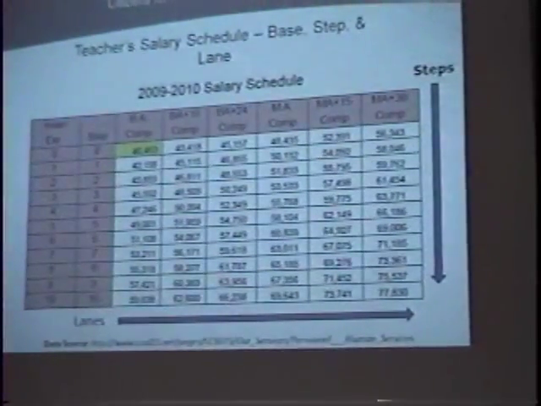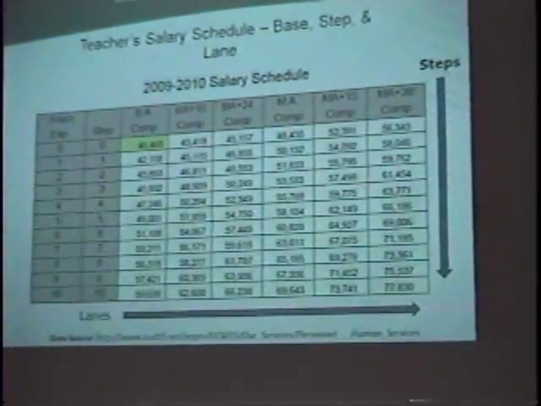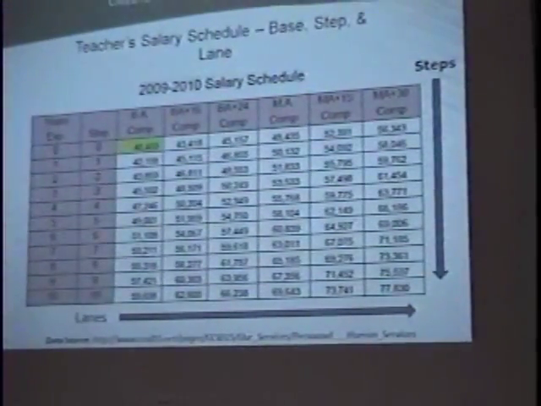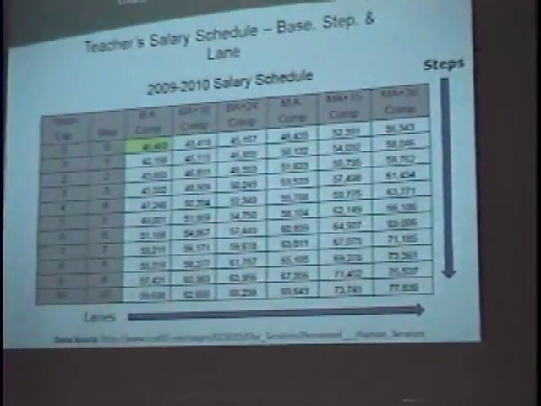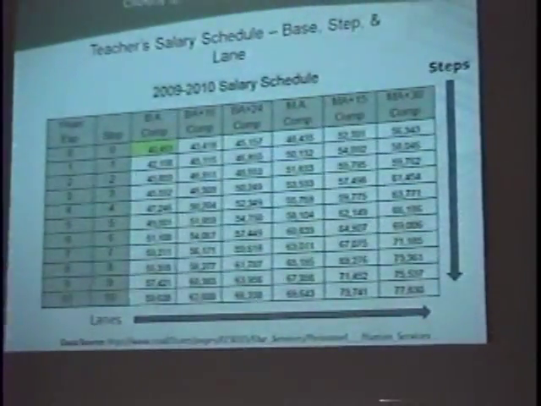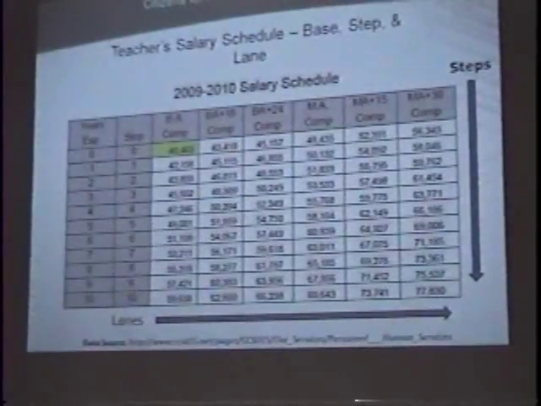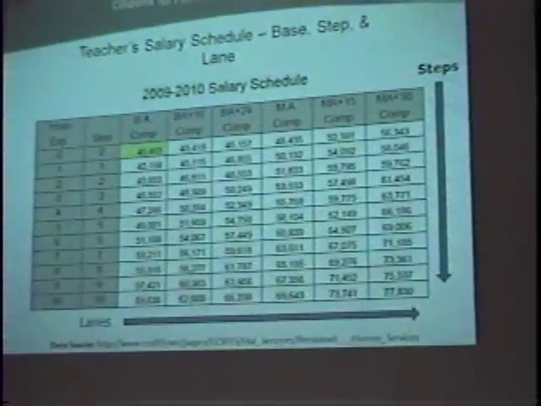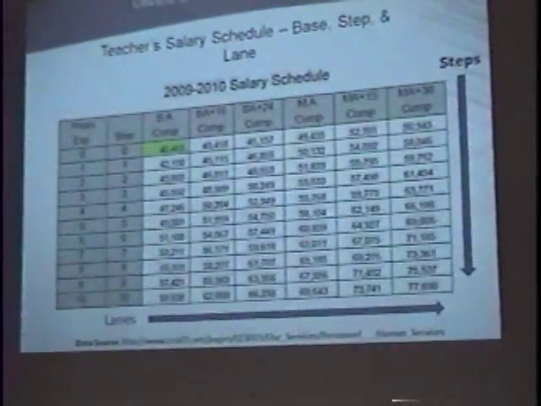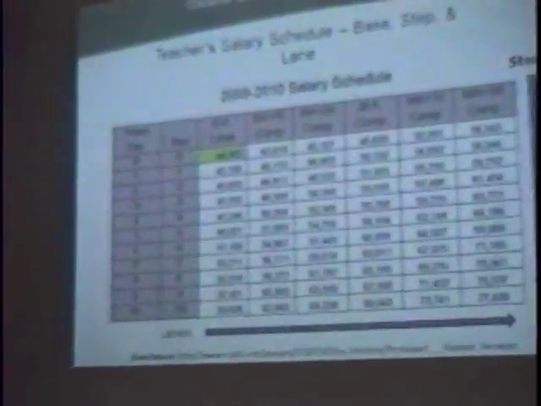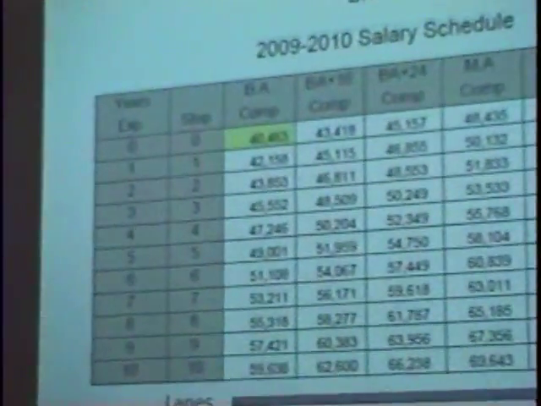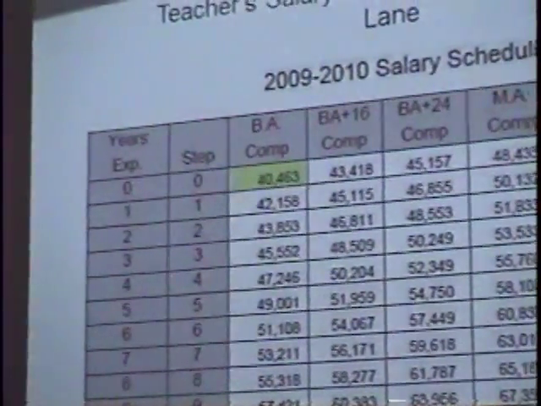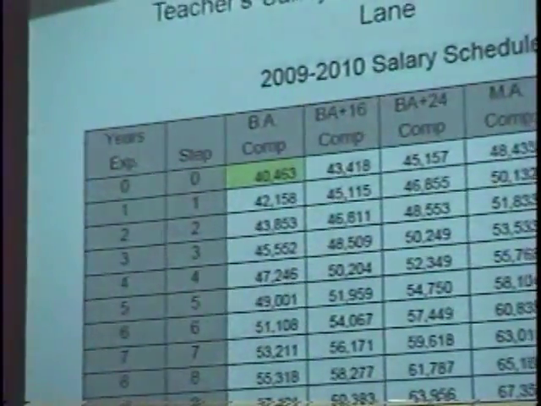When you get a base increase, you move to the next salary schedule, or the next school calendar year. So we're going to take an example of a teacher who's just at ground zero, okay? And we just picked this as an example so that you can understand it as a whole, okay? So this person, we'll call her Jean, she starts out her first year of employment. She hasn't been with the district before, so she's right at zero. And she starts out at $40,463.